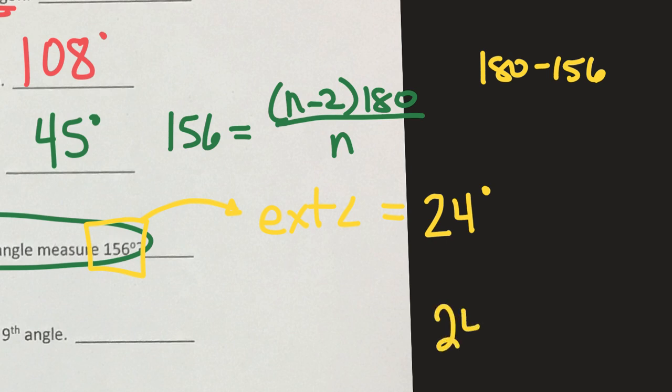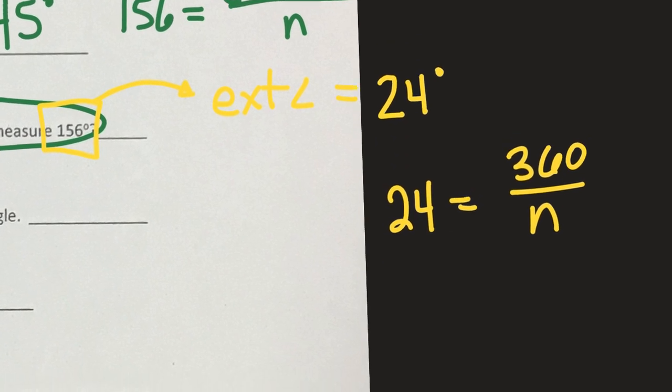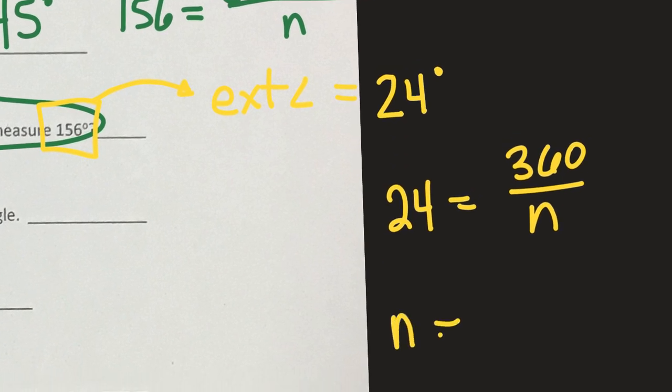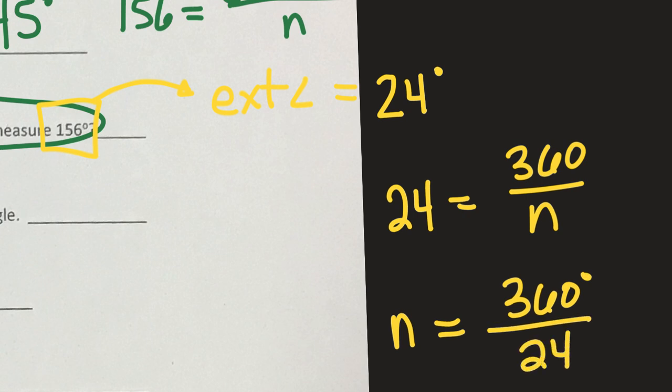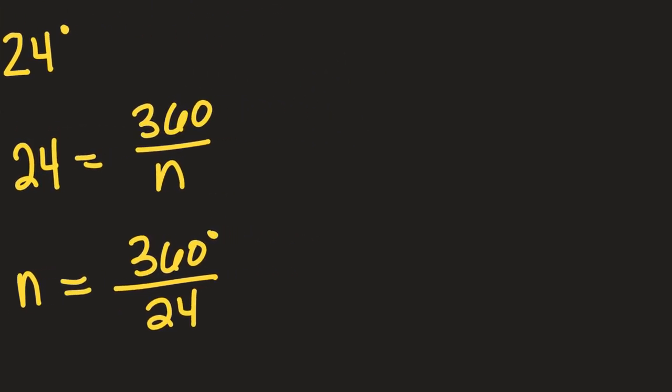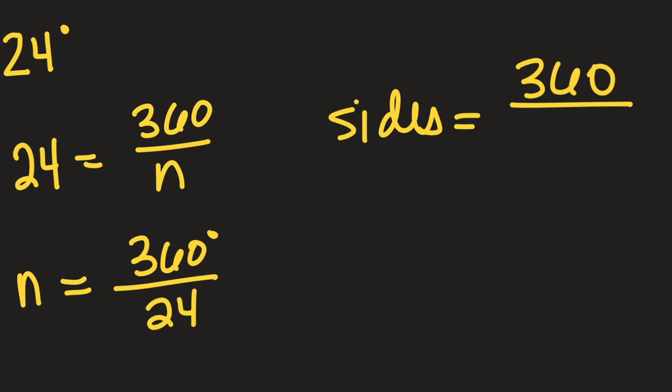We know that the exterior angle is always 360 divided by the number of sides. That must mean that the number of sides is equal to 360 divided by the exterior angle. That's probably the easiest way to calculate the number of sides.